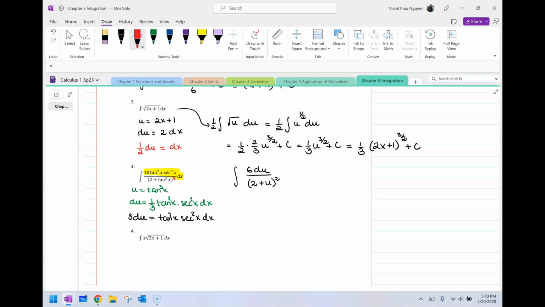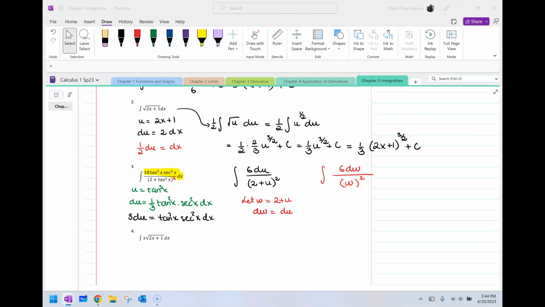So this part, again, I'll let w equal 2 plus u. So dw equals du. Let's substitute this into our integral. So now what do we have? We have 6 dw divided by w squared. This is something I totally can integrate, right?